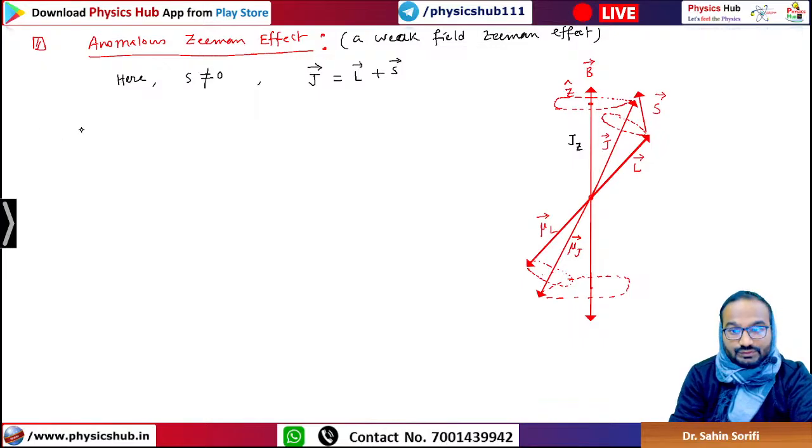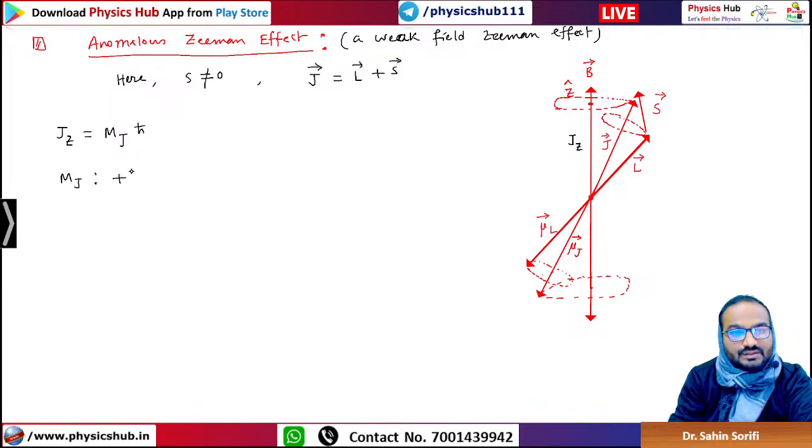So here also you can imagine that L and S both precess about J, and under the influence of the magnetic field, J starts precessing about B, and J will have its component because of space quantization along the magnetic field direction, and that value will be MJ h cut.